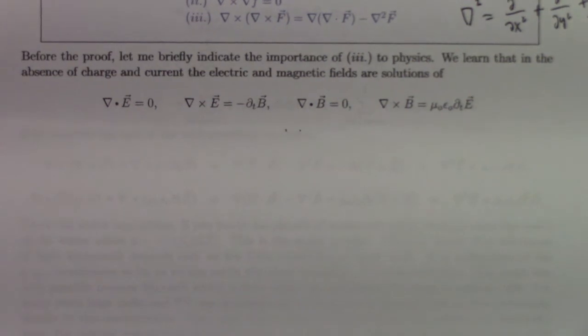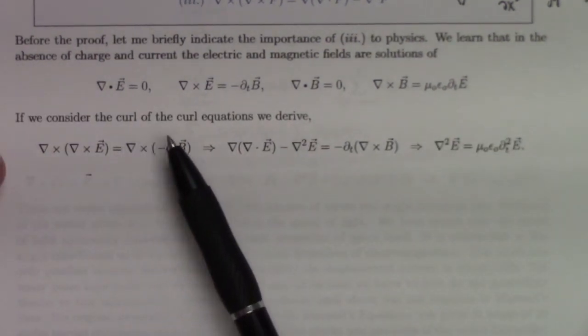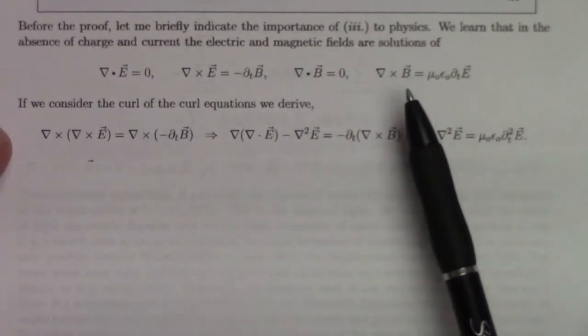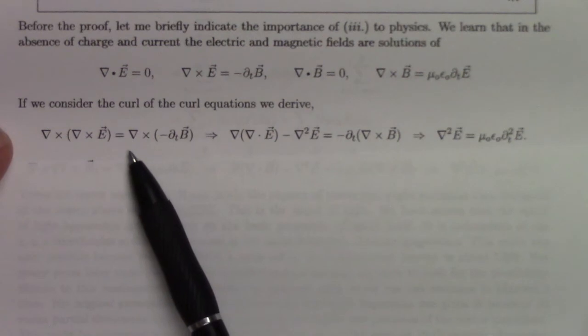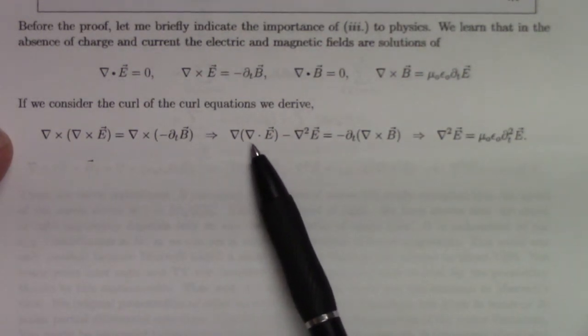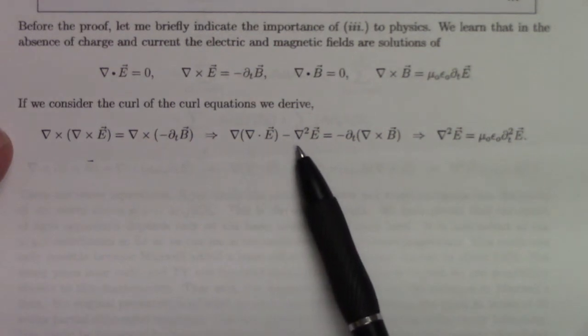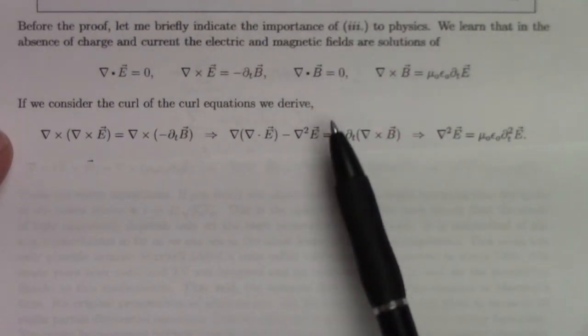Anyway, cool thing: if you calculate the curl of the curl of E, well, the curl of E is minus the time derivative of B. On the other hand, the curl of the curl is the gradient of the divergence of E minus the Laplacian of E, from part 3 up here.